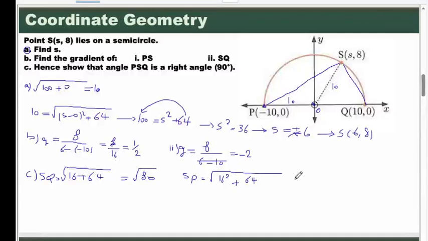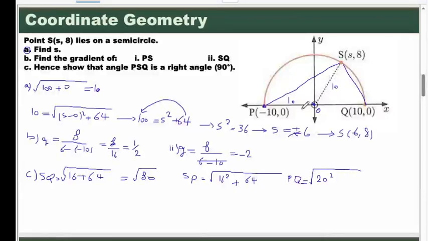So PQ, I say XP minus XQ gives me 20 to the power of 2, and YP minus YQ would be 0.